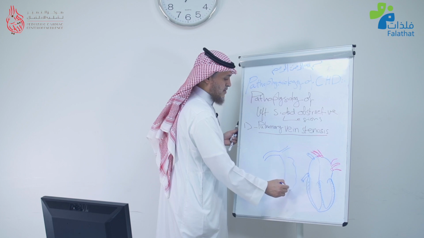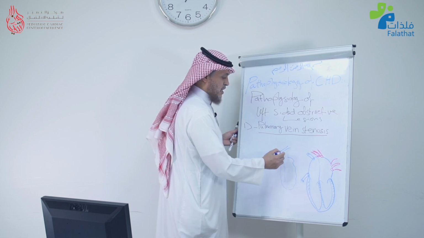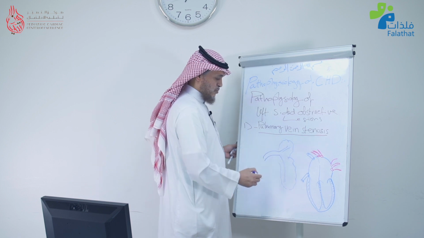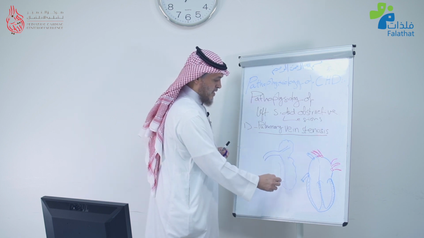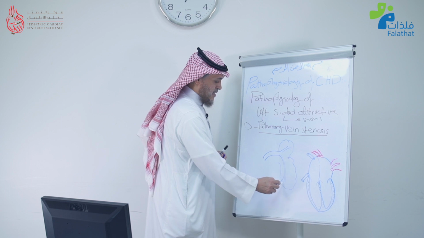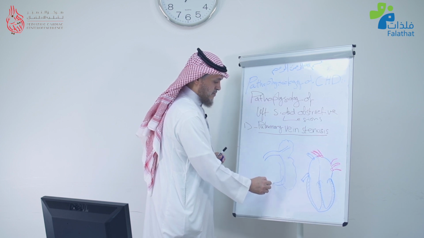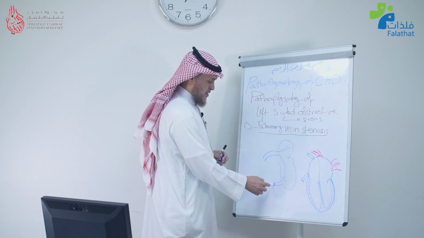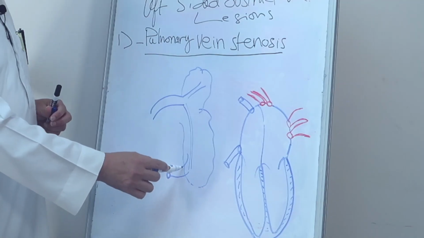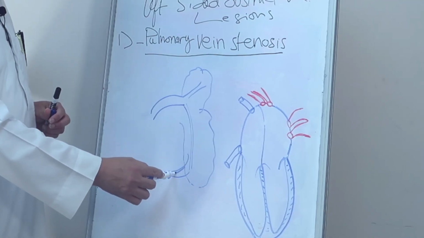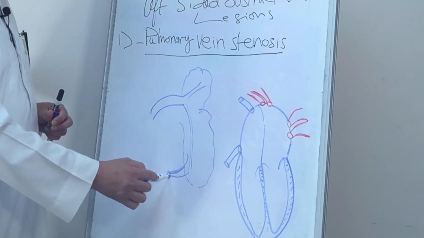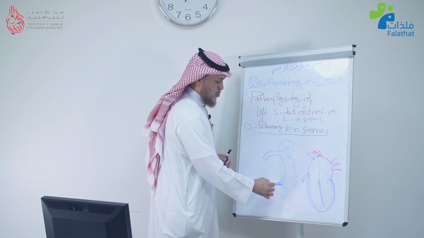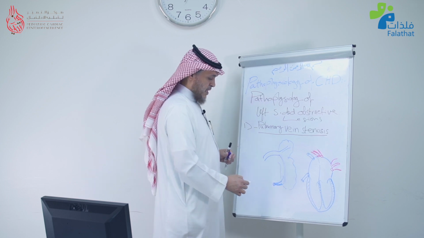This lobe here, which is actually the larger lobe, and this is the upper lobe. This lobe's vein, when it's coming back, if it becomes stenotic, and let's say it's just hypoplastic, stenotic throughout its course, you see, it's almost obliterated.